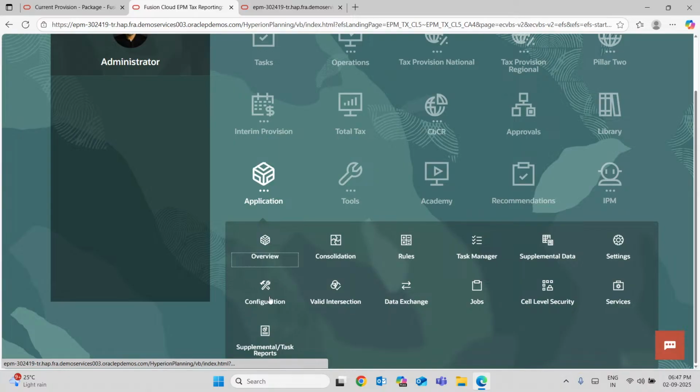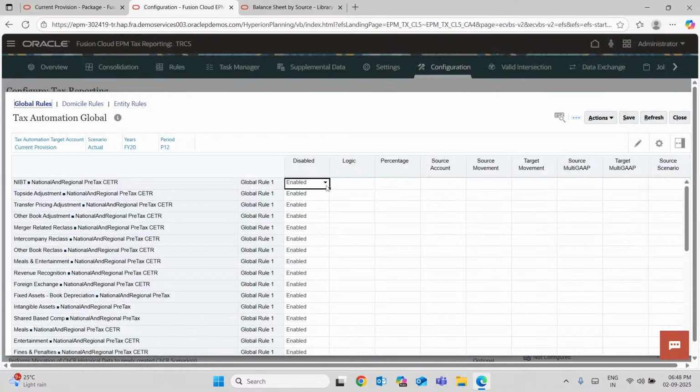So for this we have to pull the data or put the data here. Then we will pull the data through the configurations, where you can see the meals and entertainment and other things that we consider under the tax, and we are gonna put it in this form right here, right? We can see here the meals under the total temporary differences.